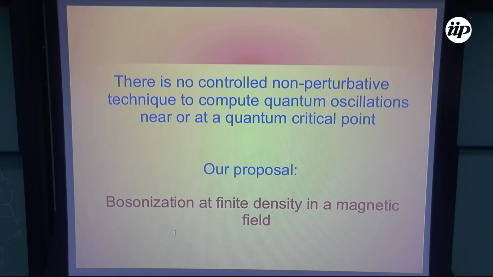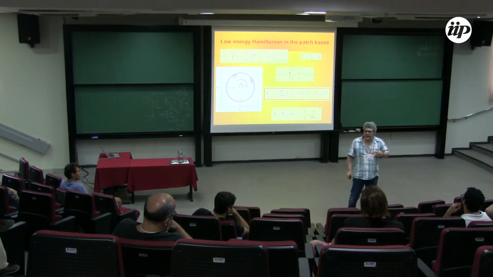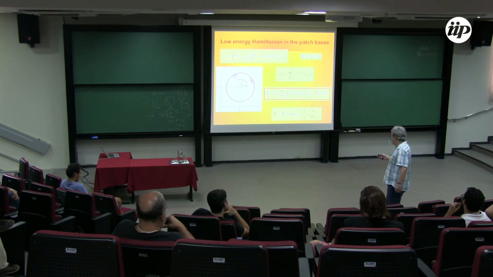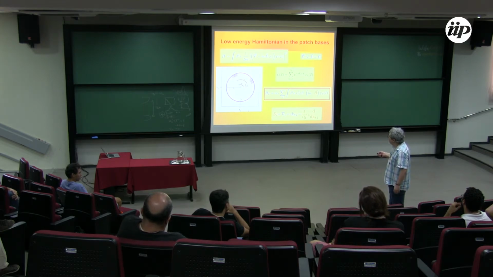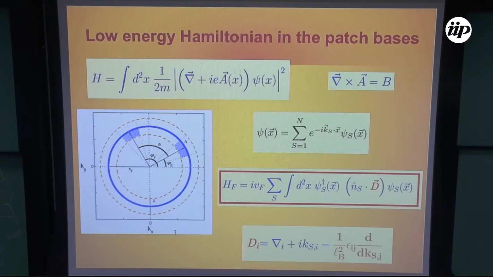And what we did in that last paper that I'm trying to sell you is how we could put a weak magnetic field in the system. A weak magnetic field means that in each patch of the Fermi surface you have huge Landau levels. The system is always very near a Fermi liquid. If you put in a strong magnetic field, what you have is a huge gap.